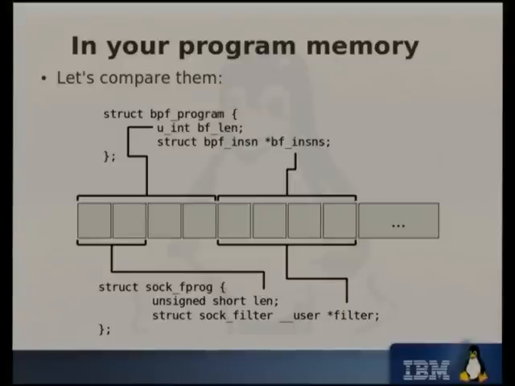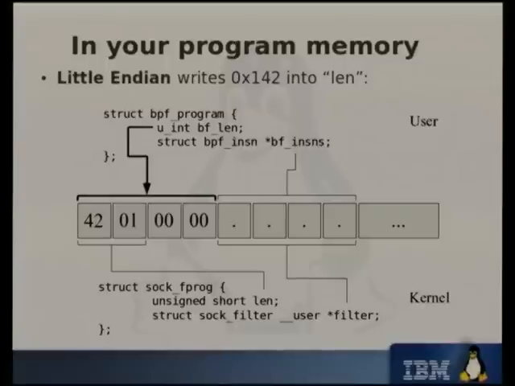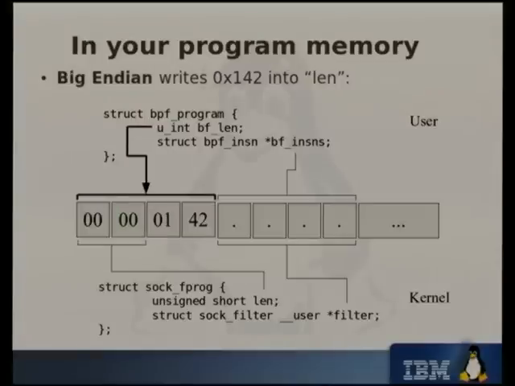And so, for all the same reasons we've seen before, if you write 142 here on little endian, it's going to happen to land in the right place, and the kernel will read it just fine. On big endian, it's going to be wrong. The kernel will read 0.